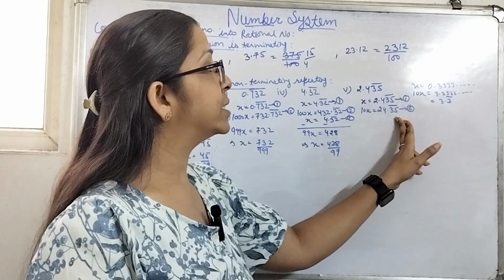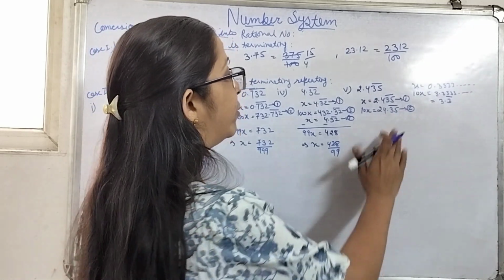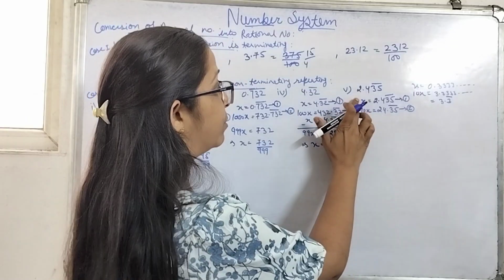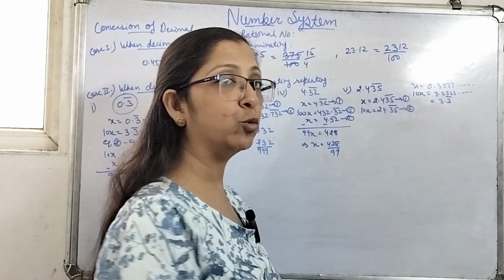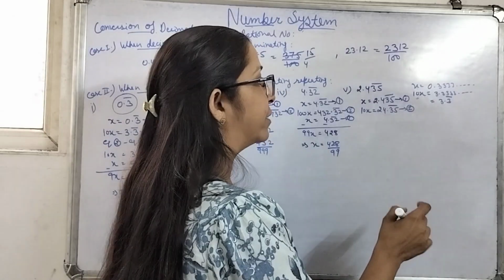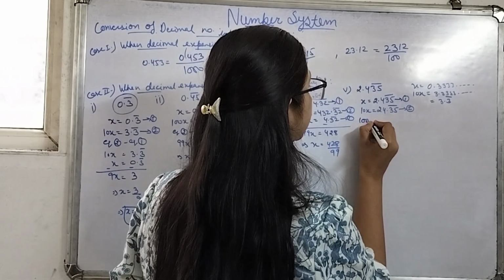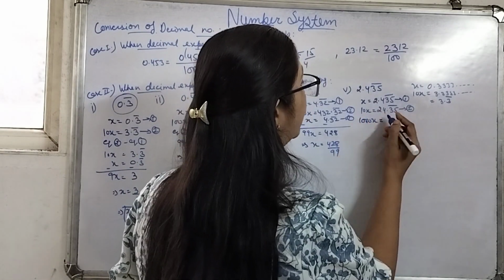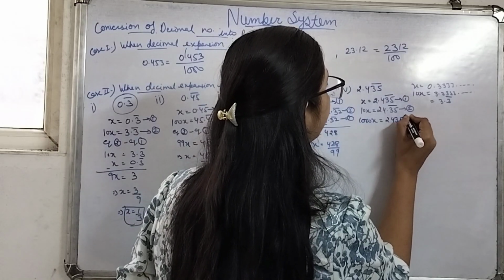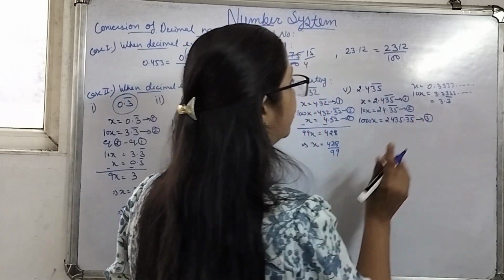Now because two numbers are repeating here, again we will multiply equation number 2 by 100. Not equation number 1, we will multiply equation number 2 by 100. So 10x multiplied by 100 will become 1000x. 1000x is equal to 2435.35 bar. This is your equation number 3.